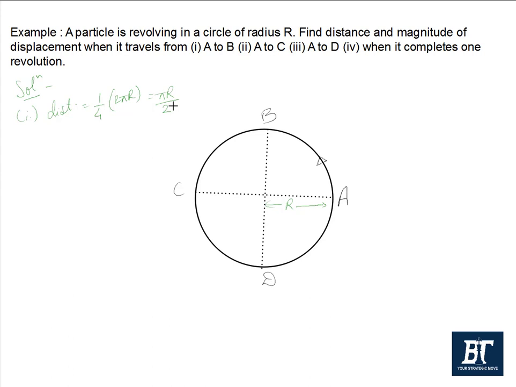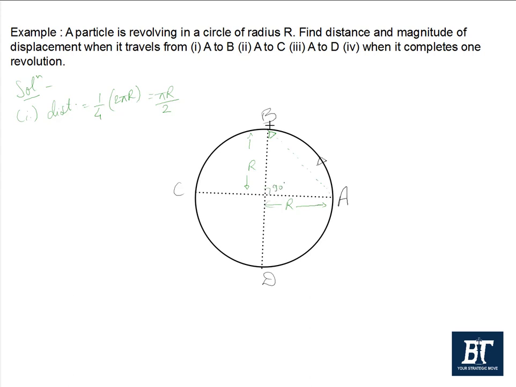And what about the displacement? So we know that for finding the displacement, we have to join initial and final point, and the length of that line will be our magnitude of the displacement, and the direction will be from point A to point B. So we know that the radius of this circle is r, so this distance is also equal to r, and this is a 90-degree angle.